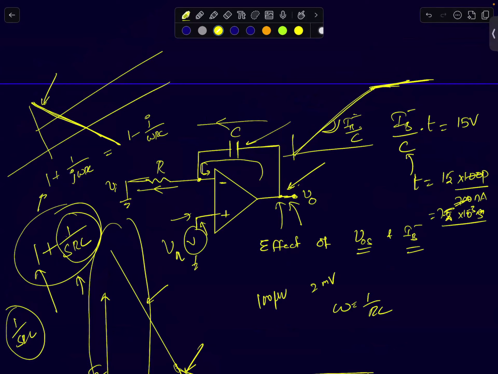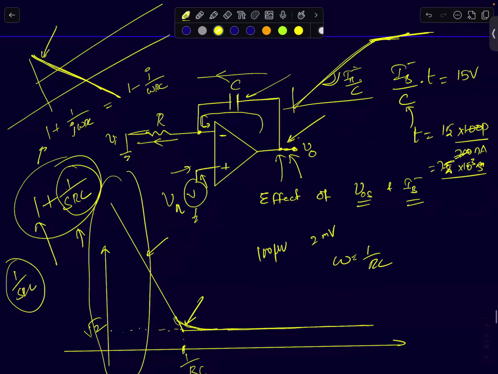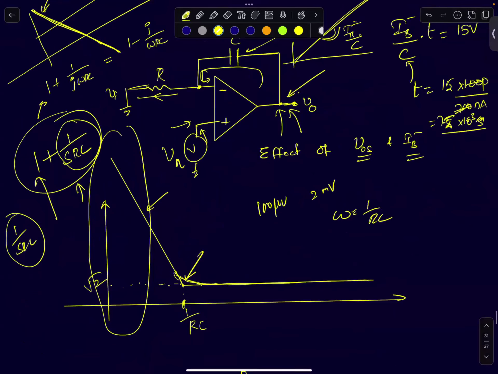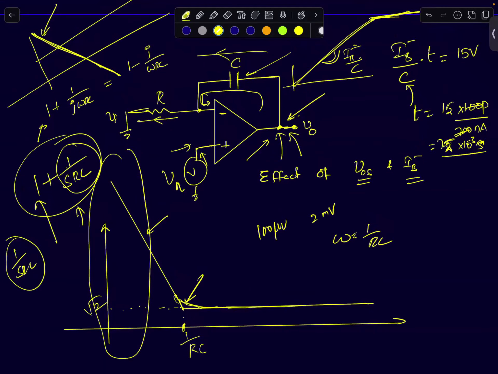Fine. So these are the 3 different non-idealities: noise, offset voltage, and input bias current. All three of them tend to saturate the output voltage in an open loop. If you just put an integrator in open loop, that's the problem you have.